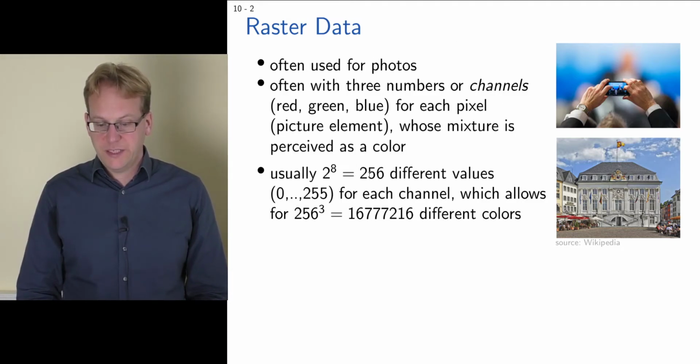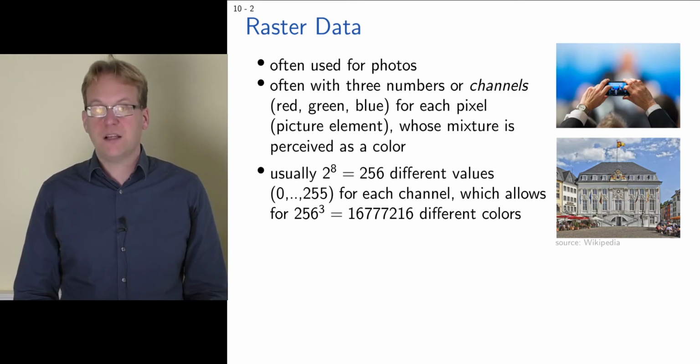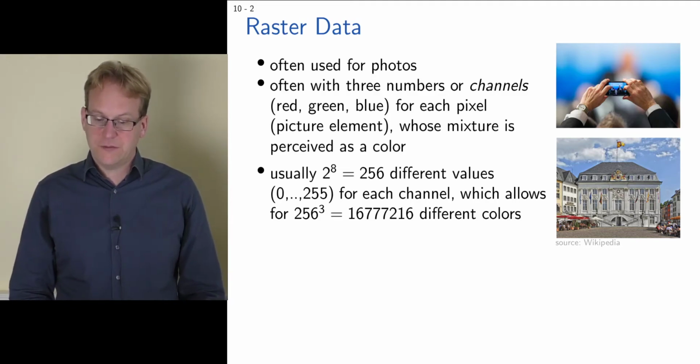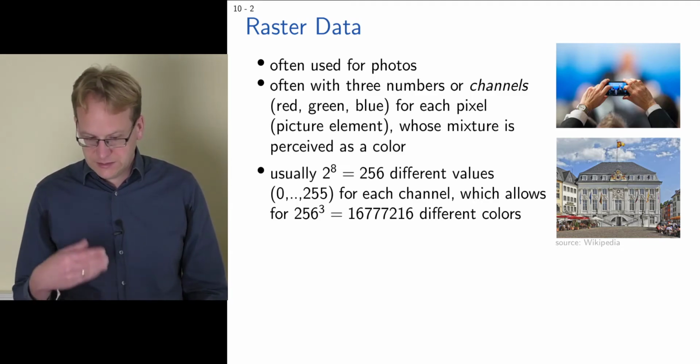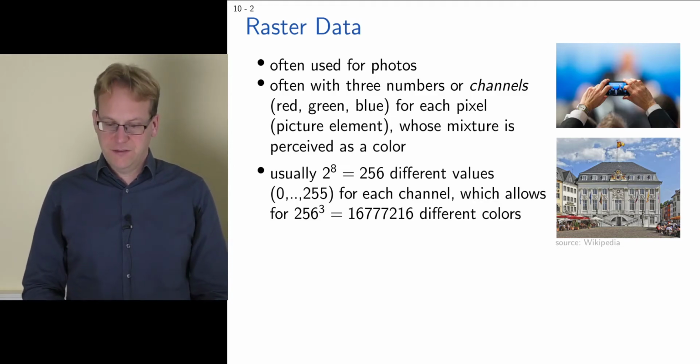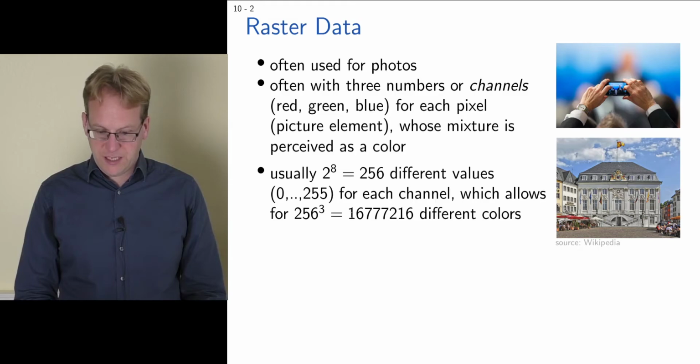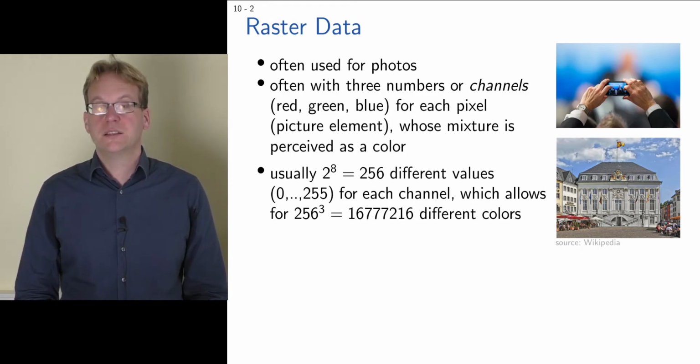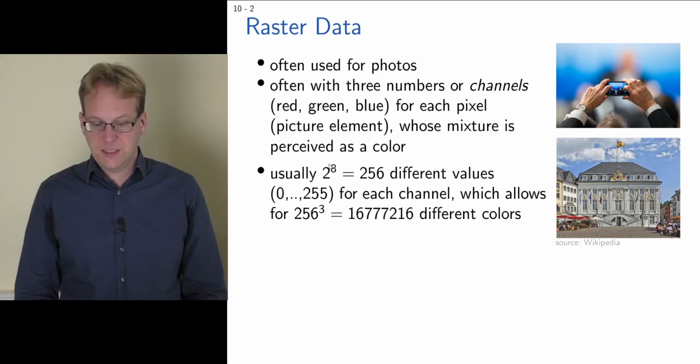So that implies we have 2 to the 8 different values. Yeah, so it means we have 256 different values of green that we can display. And similarly, 256 values of red and 256 different values of blue. And in total, that means we have something like 16 million different colors we can display with this 8-bit color model, so 8-bit for each channel.